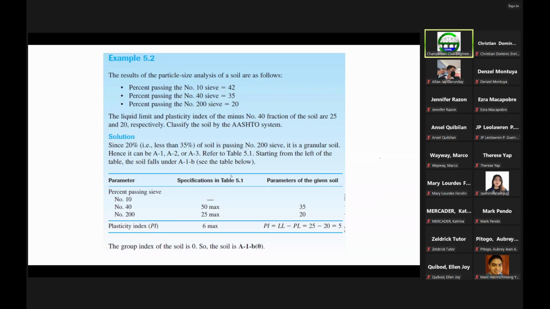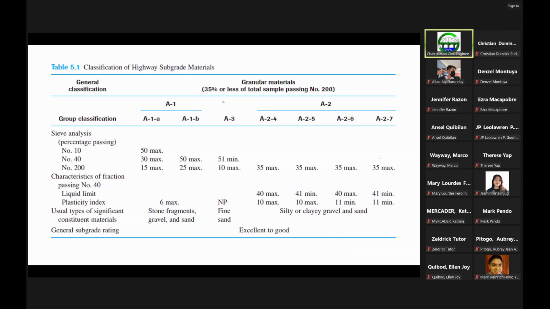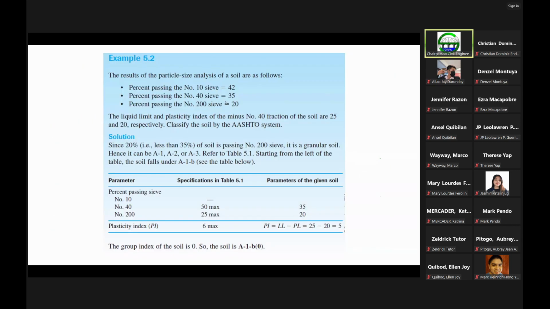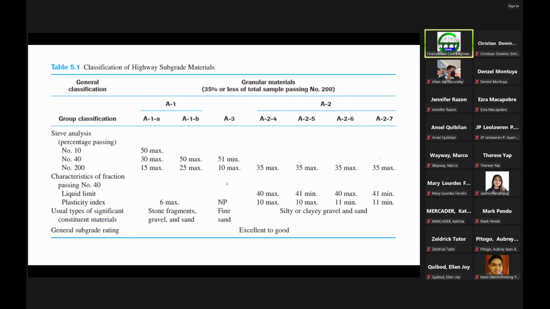In this case, if we classify this material according to AASHTO, the percent passing number 200 is 20, less than 35. So we use the table for granular materials. We don't use the other table for silt-clay materials.